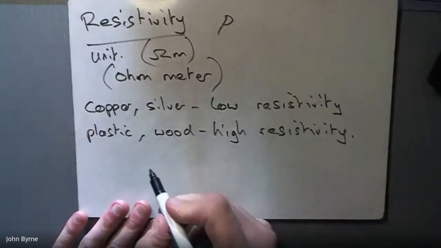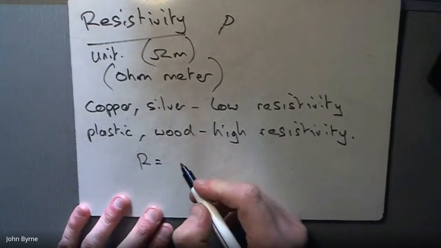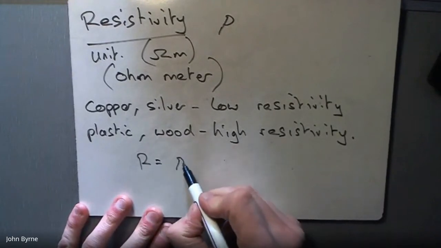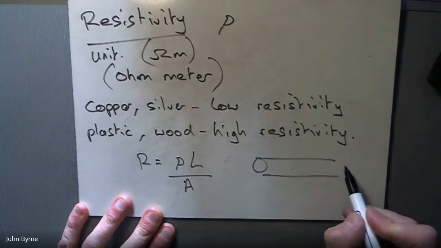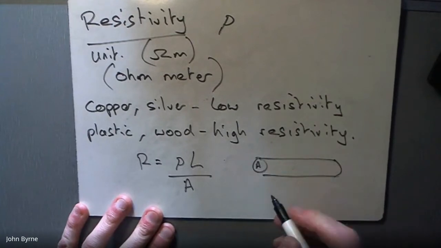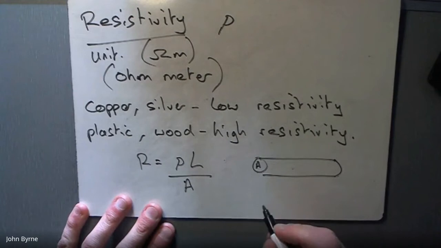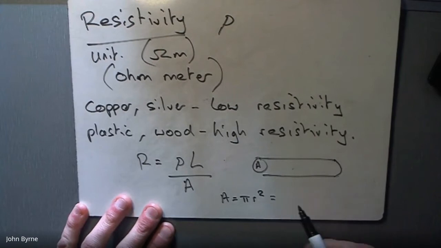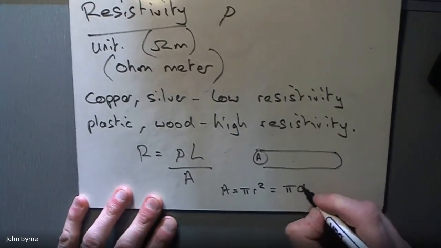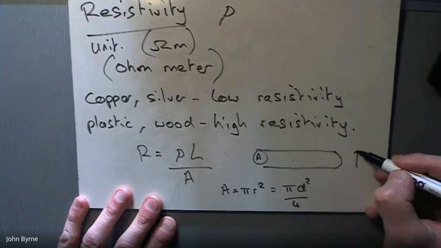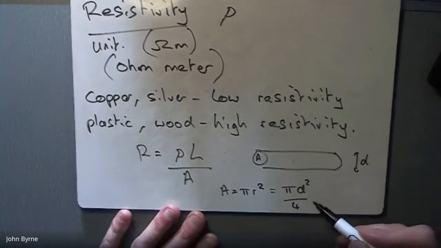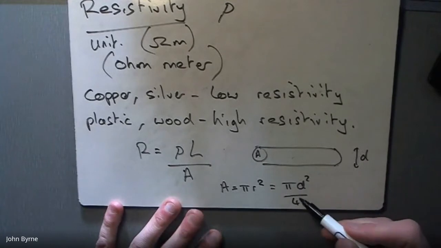Okay, if we're looking at a formula, then we usually look at it this way. We can work out the resistance of a material if we know its resistivity. If we're thinking of a wire, then we've got the cross-sectional area of the wire. We can work that out because area equals pi r squared, which also equals pi d squared over 4. So if we measure the diameter of the wire in meters, we square it, times it by pi, divided by 4.